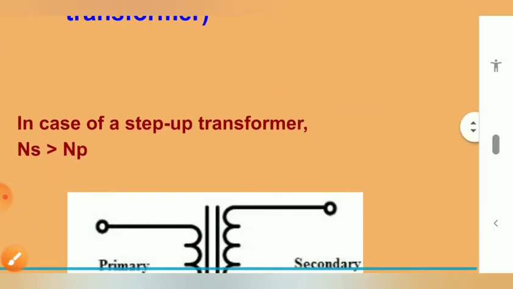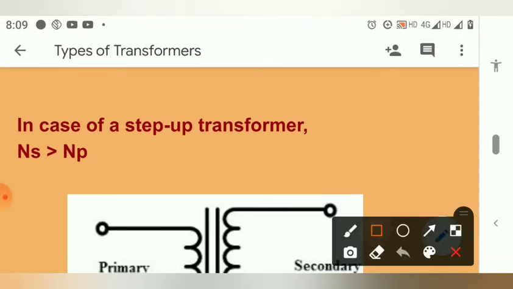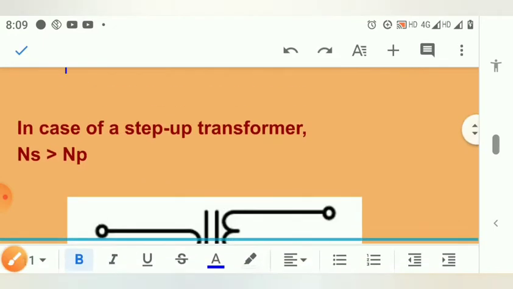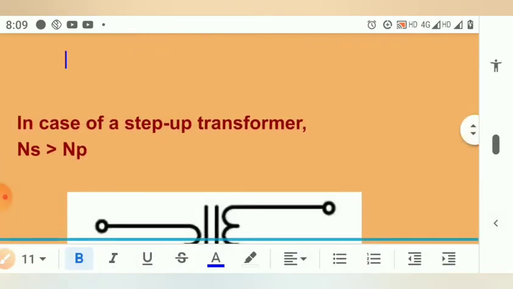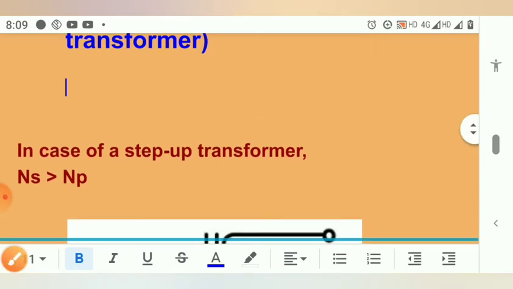In the case of the step up transformer, NS is greater than NP. That is, the number of turns on the secondary is greater than the number of turns on the primary.